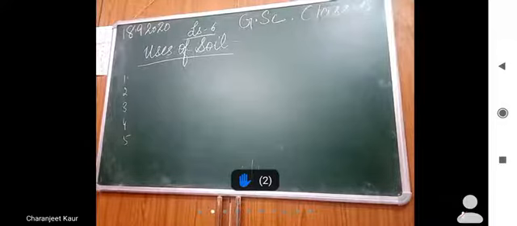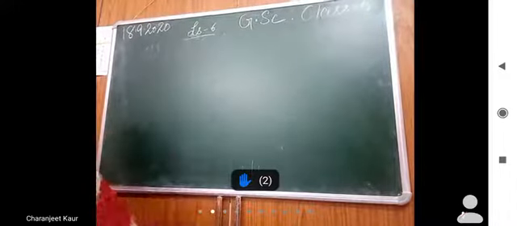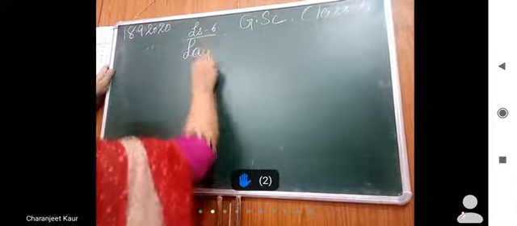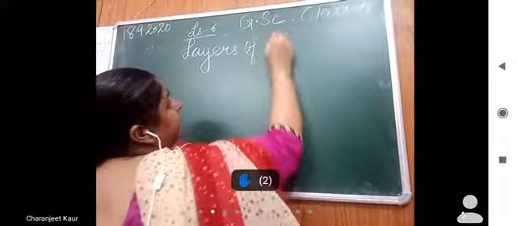Now coming to the next topic. Next topic is also very important. You people get confused composition of soil with layers of soil. Composition means of which substance soil is made of.